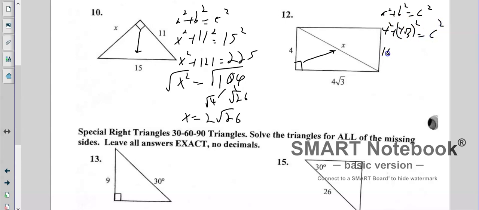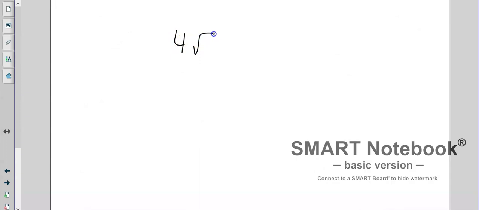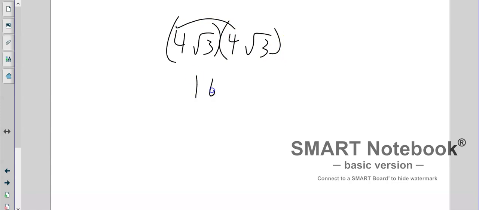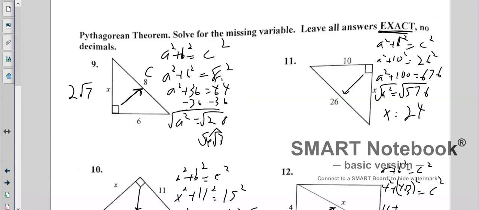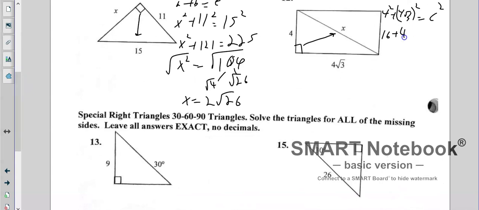Okay, 4 squared is easy, that's 16. 4 root 3, remember we did one of these before, might want to come over and do something like this. 4 times 4 is 16. This is just 3, so that's 48. Equals c squared. So 16 plus 48 is 64. Square root, we end up with a perfect square this time, again, so our answer is 8.